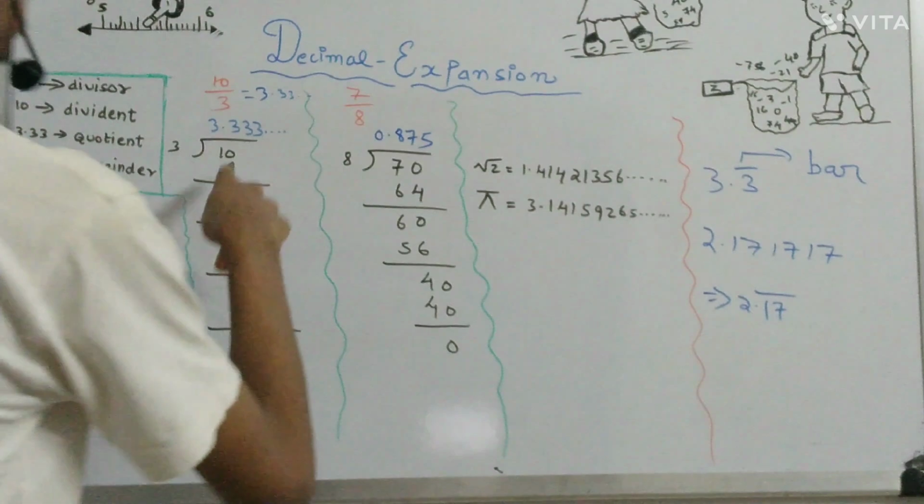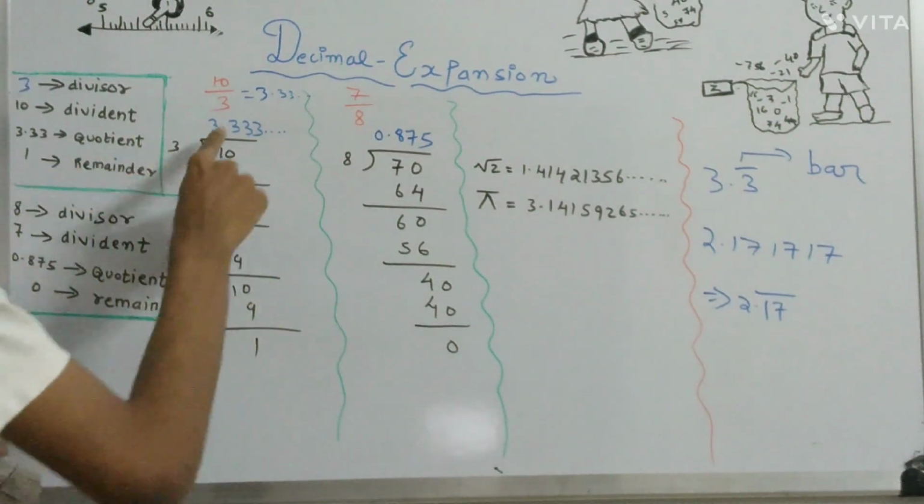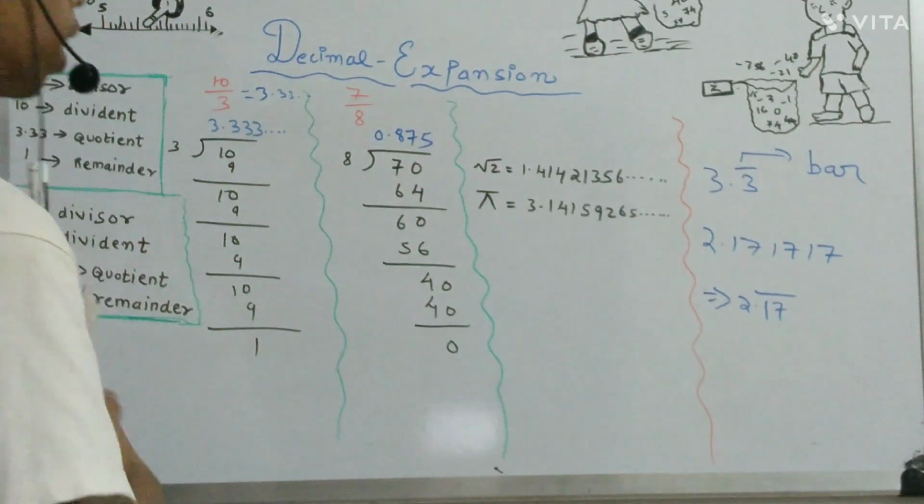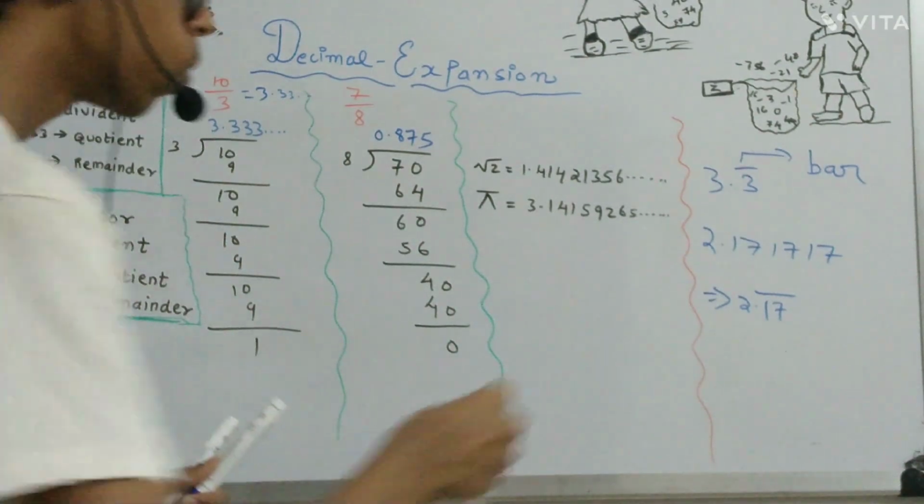So here you see, when we did our long division, we got 3.3333 etc. as our answer.